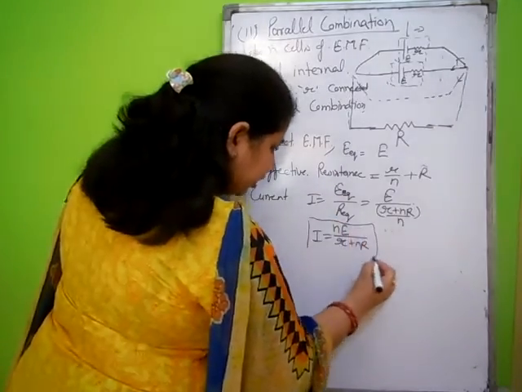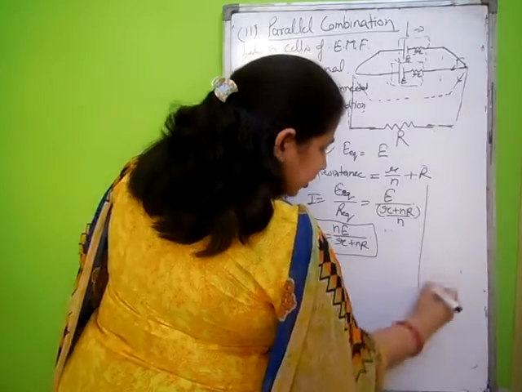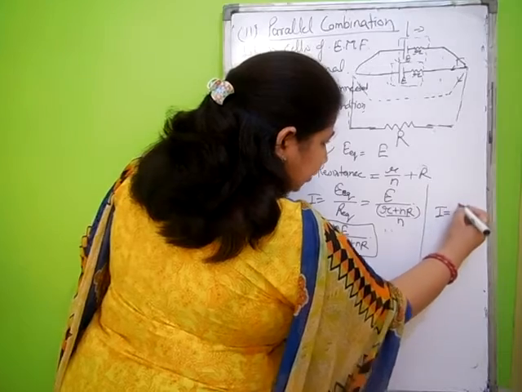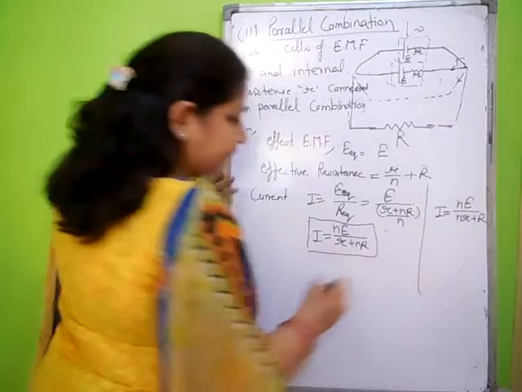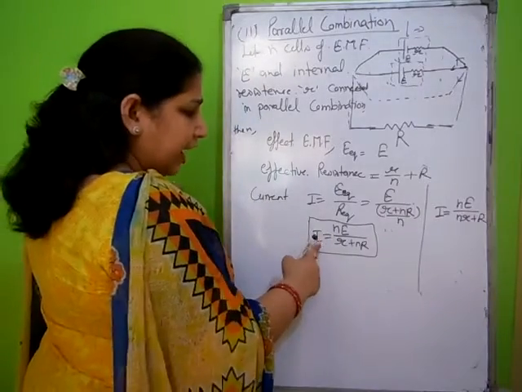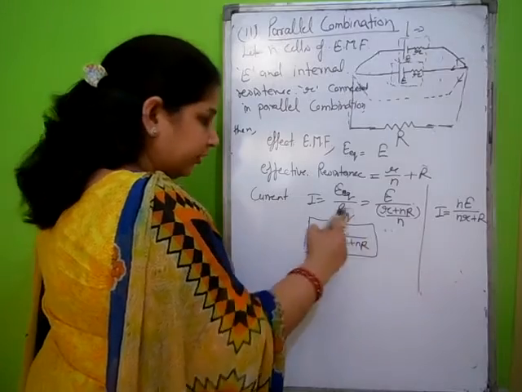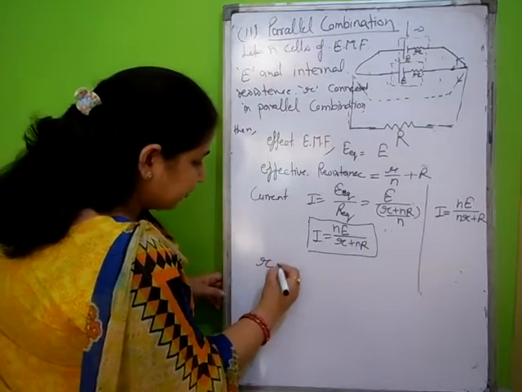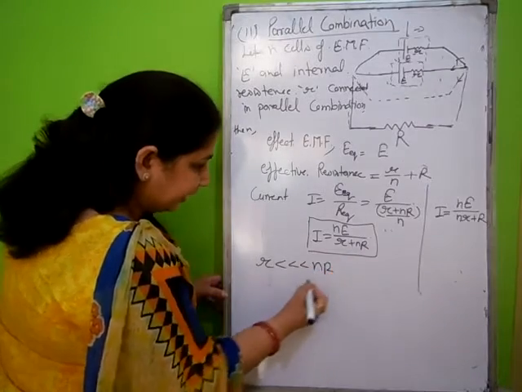What is the difference between series and parallel? When we considered series combination, we had I is equal to nE upon nr plus R. And here we have I is equal to nE upon nR plus r. Got it? Now, as small r is much smaller than nR, we can neglect it.